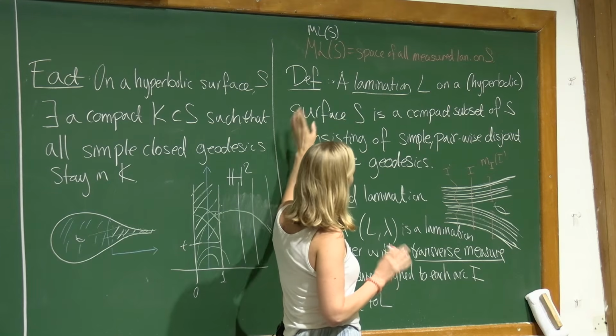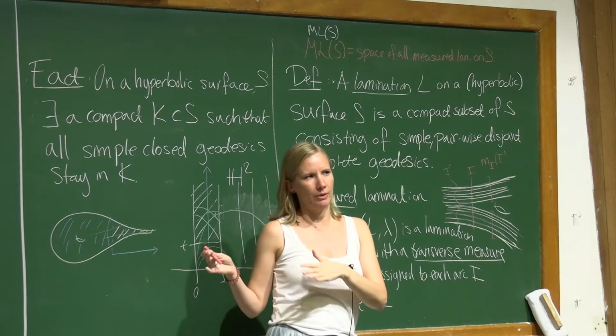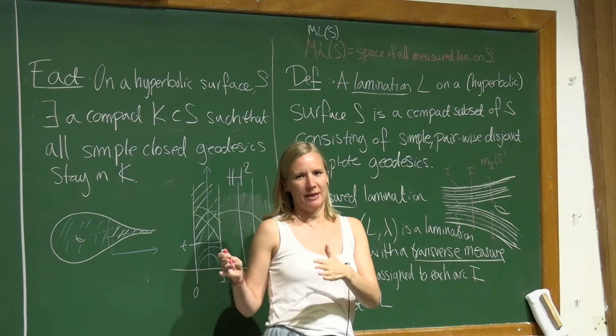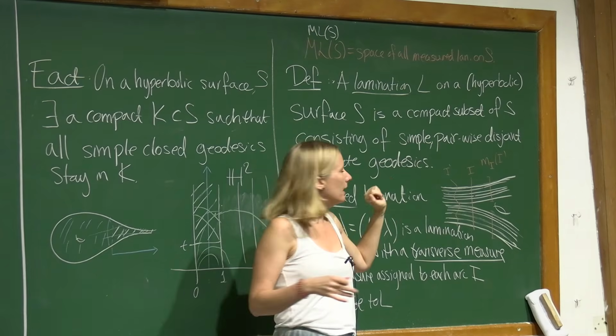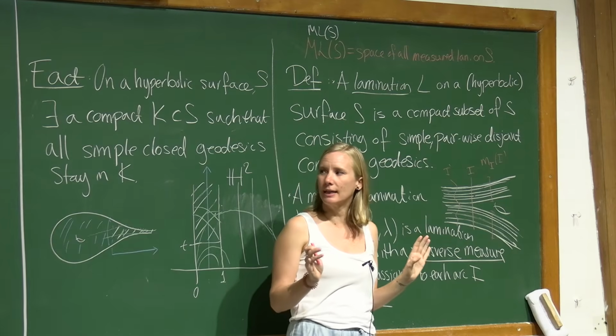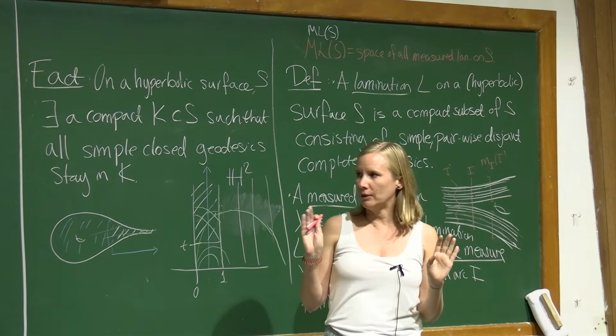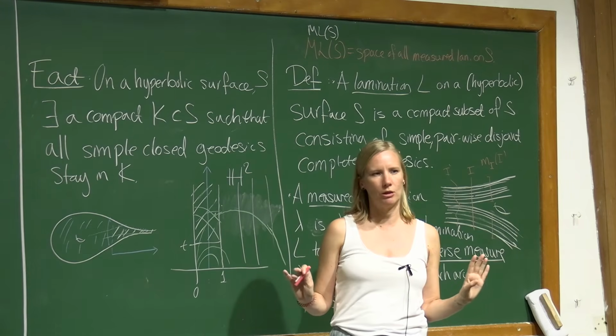Yesterday I made a point of having S for my topological surface, X for one with a fixed hyperbolic metric on it, and now I'm writing ML of S, but talking about geodesics. The reason is that almost everything I'm going to say is topological. In fact, we're going to rephrase Mirzakhani's theorem in terms of measures, which is purely topological.